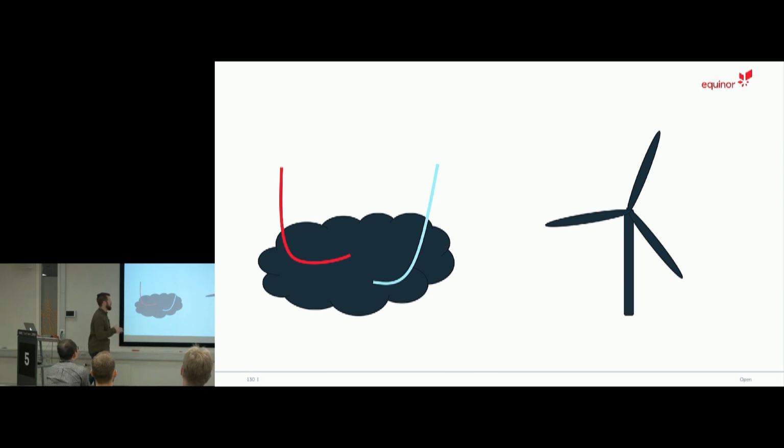So what we've been working on currently is to try to get a better model for this turbulence, so that we can use that better turbulence model in the future, both to do better controlling of the windmills, but also maybe to get better layouts for future windmill farms.